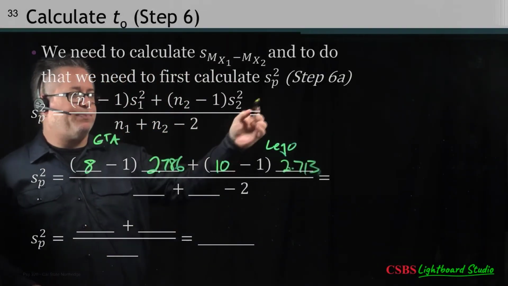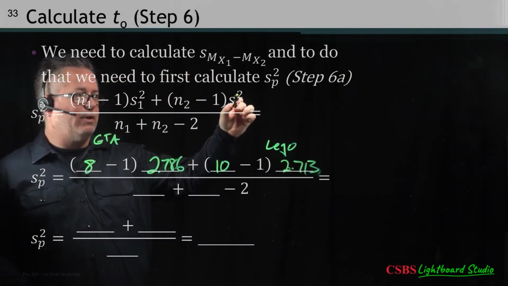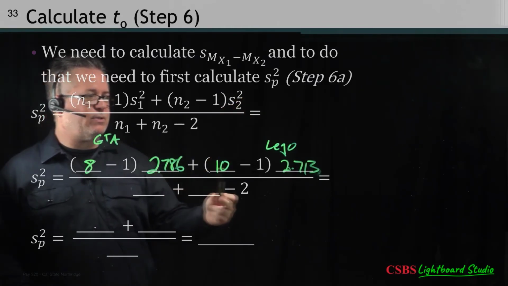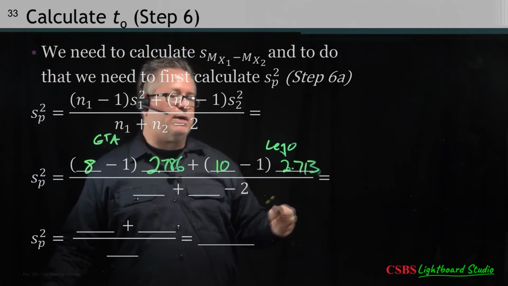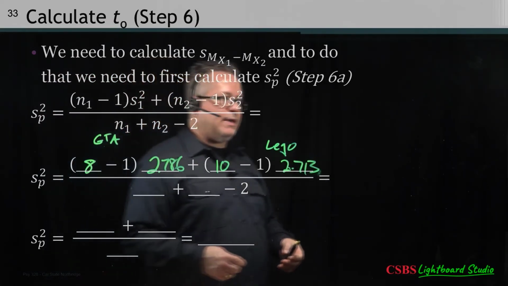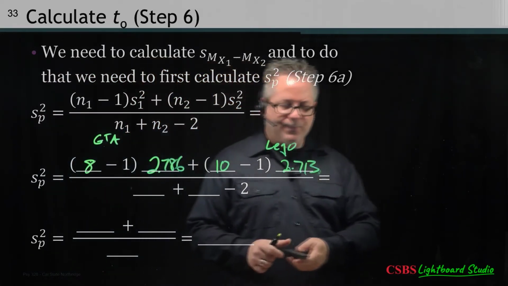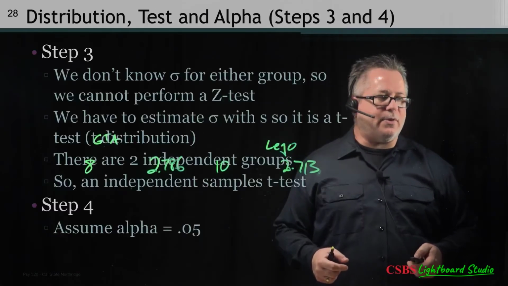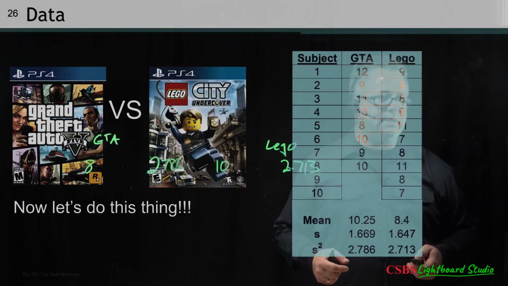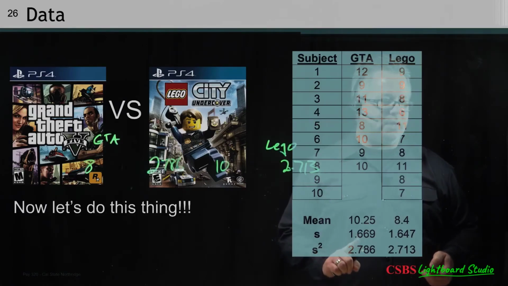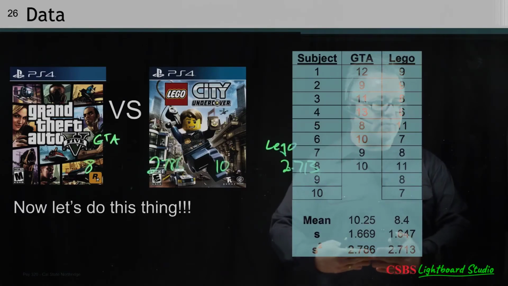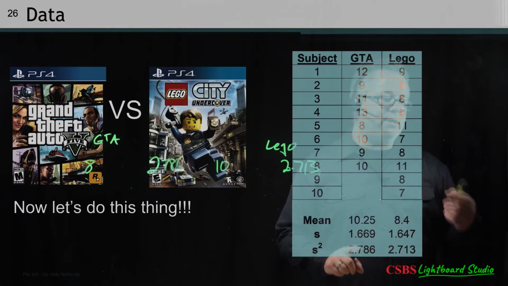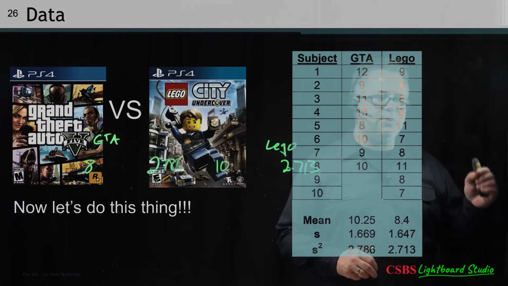Now notice that it says, you know, variance 2 and it's squared here. But the variances, because this is a variance, these two are already squared. I don't need to square them. If I instead had grabbed the standard deviations, let's go back a second. You know, if I was looking at the data here, and I instead grabbed the standard deviations, let's say the variances weren't available, they weren't given to you, all you have were the standard deviations, then I would bring those two numbers over and I would square them.